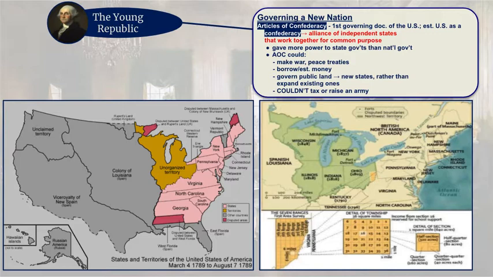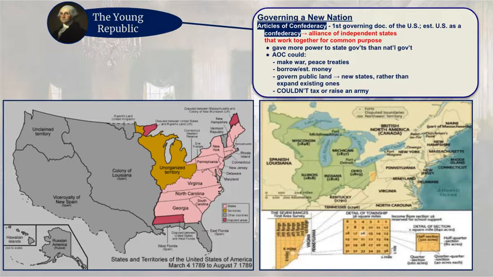And lastly, though, the Articles of Confederation could not tax or raise an army. Most of the money that a national government would get was through the selling of land. But they couldn't raise an army. They were basically relying on state militia.